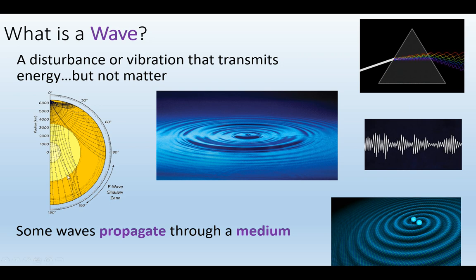Same thing with seismic waves. You have to have some kind of solid, in this case, or liquid, to propagate those waves. So those waves can only move through some parts. Now, light waves are a little bit different. You do not need a medium. Light travels through space, so you do not need a medium for light waves to propagate.